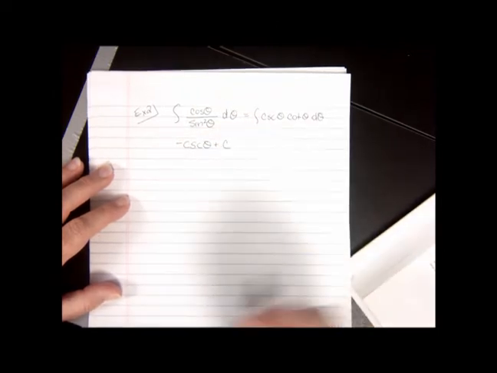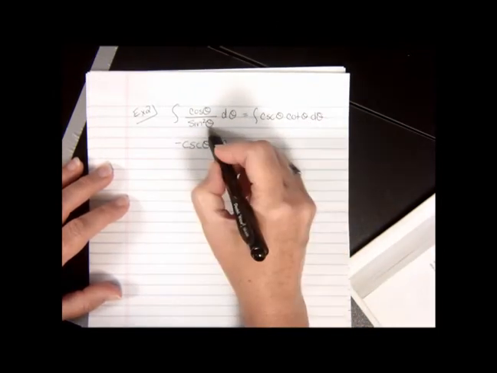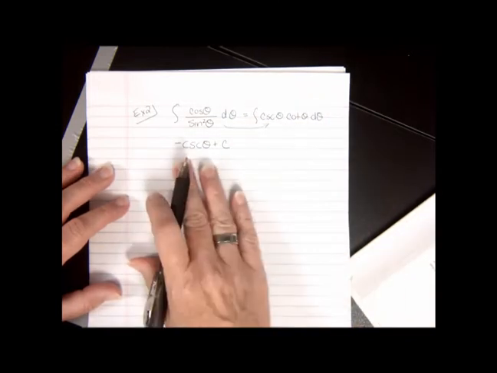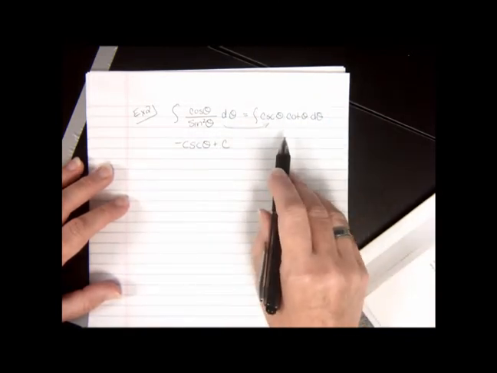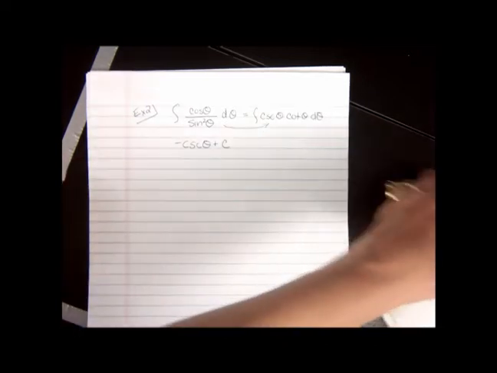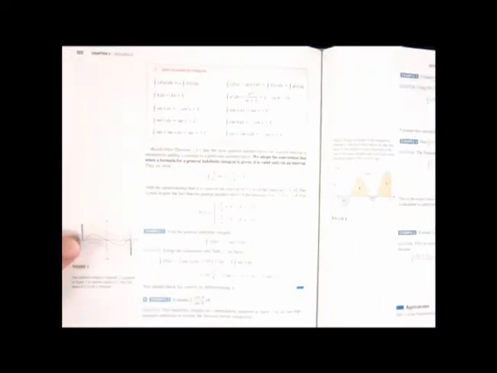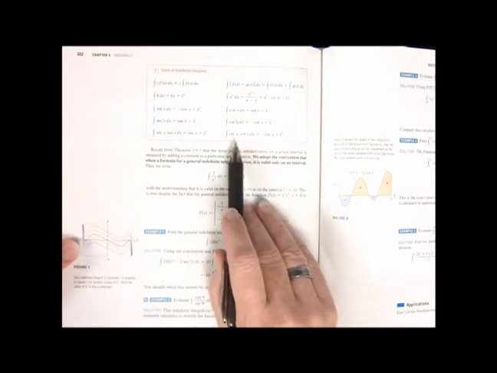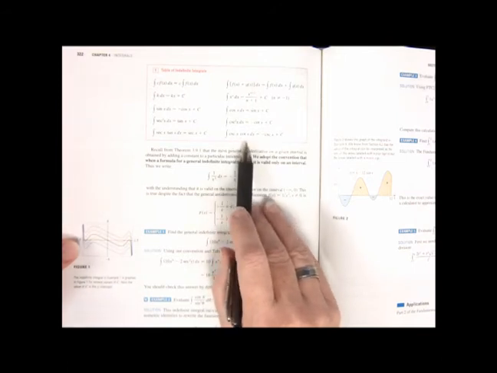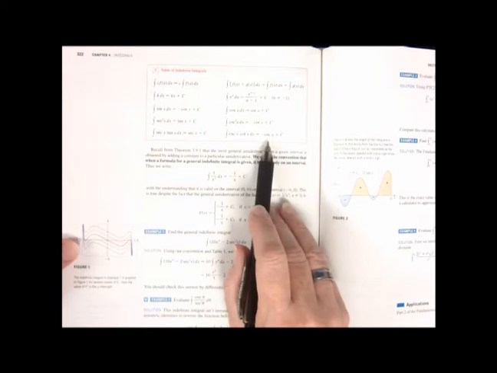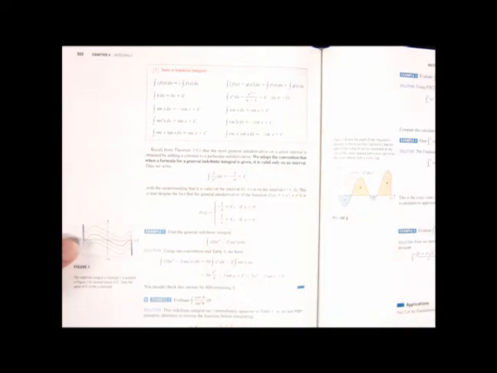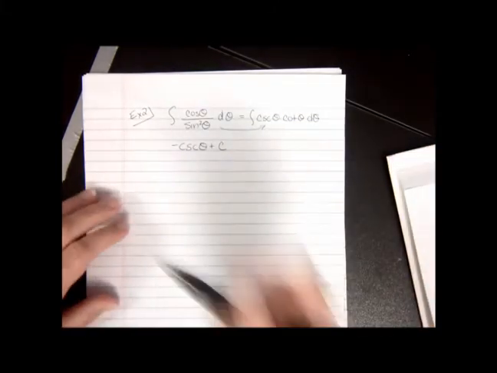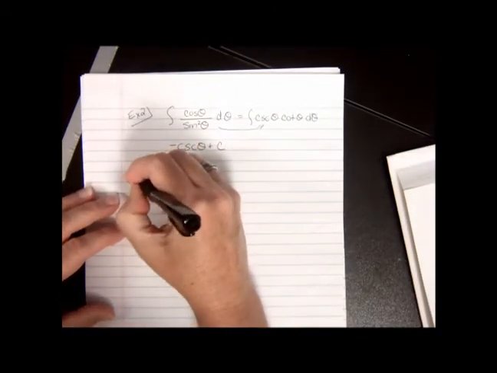So in this one, I had to use my identities to change this around into a form that I recognize, and then go to my table of indefinite integrals and see that cosecant x cotangent x integrates to negative cosecant x. So that is why I changed it to that form. All right? Okay, so example 3.